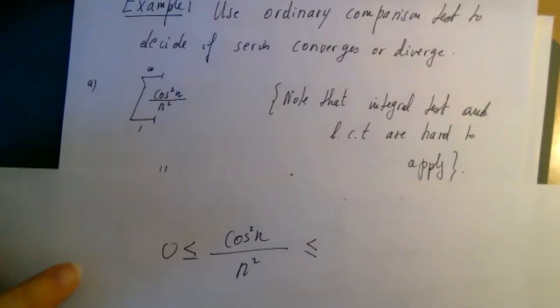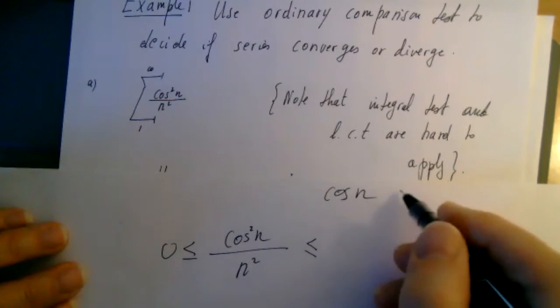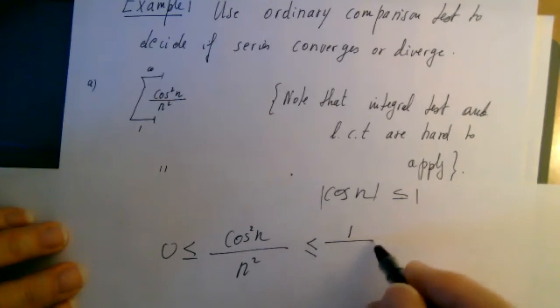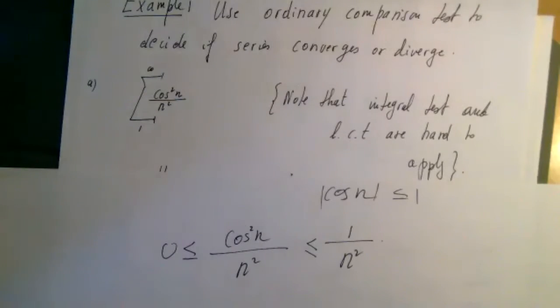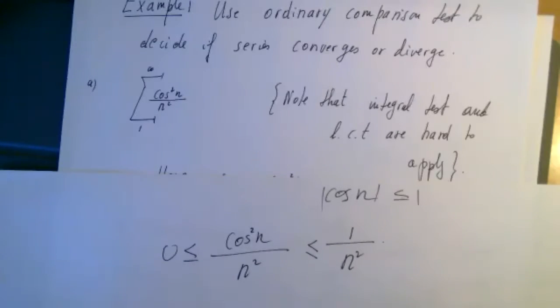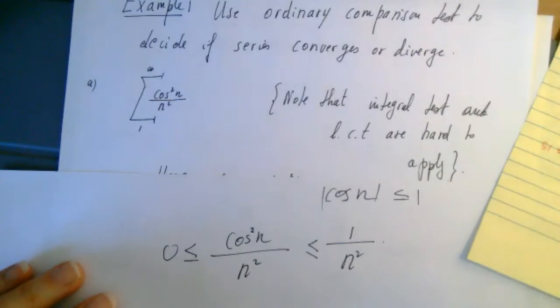Now, whenever we see cosine, something should come to our mind: the cosine is always less than 1. It oscillates between -1 and 1, but it's always less than 1. So cosine squared over n squared is always less than 1 over n squared, regardless of what n is. The cosine squared is not close to 1 at all because it oscillates, but it's bounded above by 1.